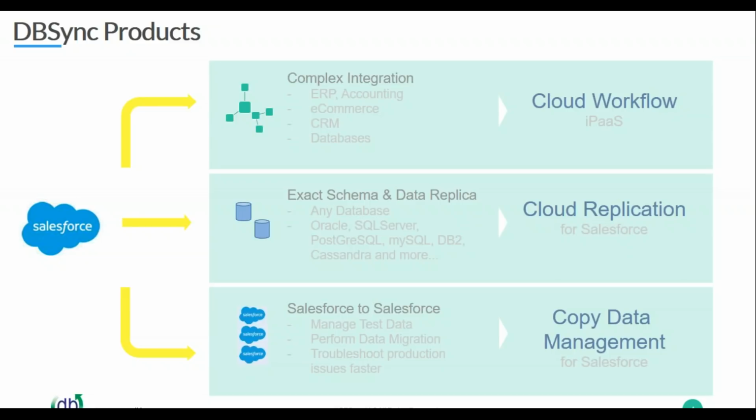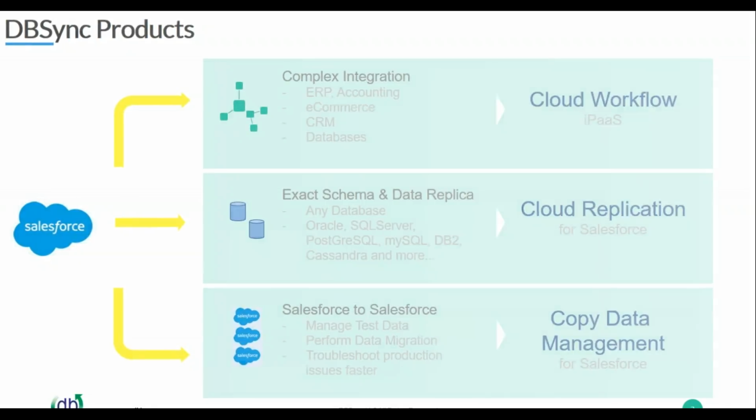Likewise, we have copy data management for Salesforce, to basically replicate your Salesforce instance with another Salesforce instance for testing, to perform data migrations, troubleshoot any production issues, and so on.